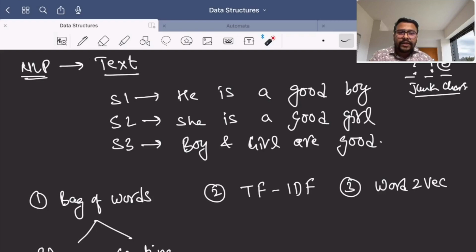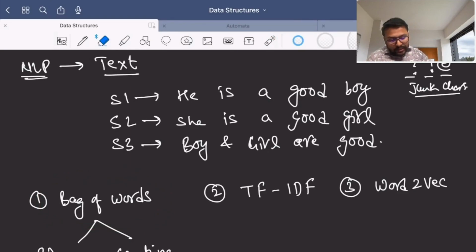Now I need to do lemmatization or stemming. I will talk about lemmatization and stemming more after explaining these algorithms. What are lemmatization and stemming? Don't worry, I will explain each one of them in detail. First, understand what bag of words does after removing all the stop words.